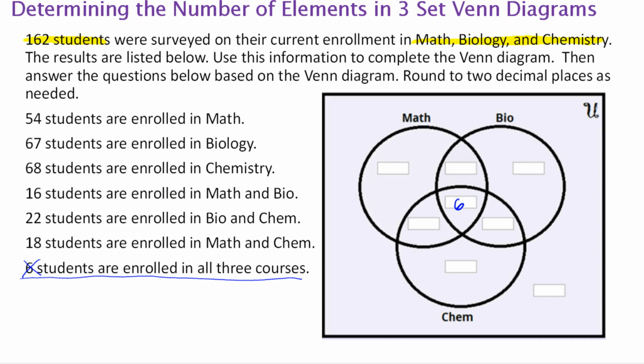Now, the next piece of information says 18 students are enrolled in math and chem. Well, here's math and chem. So we know these 2 pieces need to add up to 18. Well, that means, since this piece is 6, this must be 18 minus 6, which is 12.